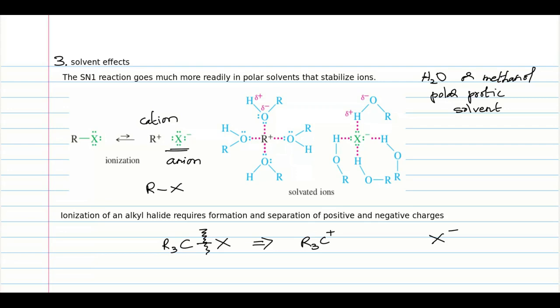This is possible when we use a polar protic solvent which stabilizes these ions by solvating them. So an SN1 reaction goes much more rapidly in polar solvents that stabilize the ions.